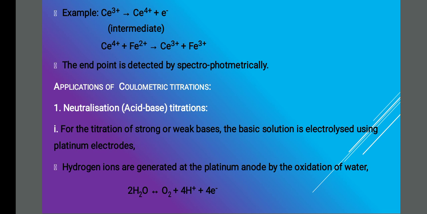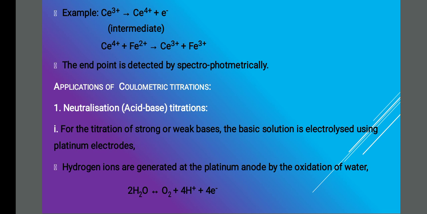Is it okay? So coming to acid-base titration, it's otherwise called neutralization titration. For the titration of a strong base or a weak base, the basic solution is first electrolyzed using a platinum electrode.